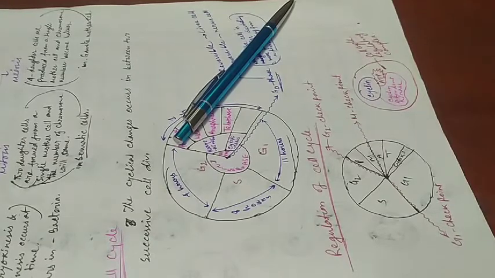The kinase enzyme is the one which produces ATP from ADP by addition of an inorganic phosphate. That means ADP plus Pi is equal to ATP, and that reaction occurs with the help of the kinase enzyme.